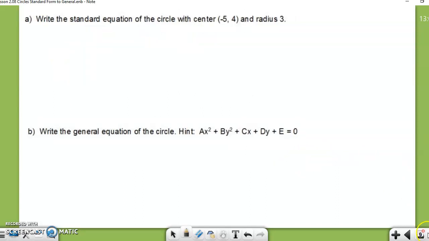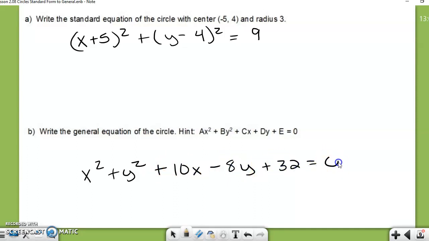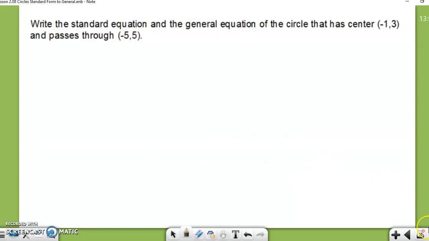All right, guys, I need you to try this next one for me. Let's see what you get for your standard and your general. Hope you did well. If not, write down your questions, and then you will have to either send them in or come in with them.